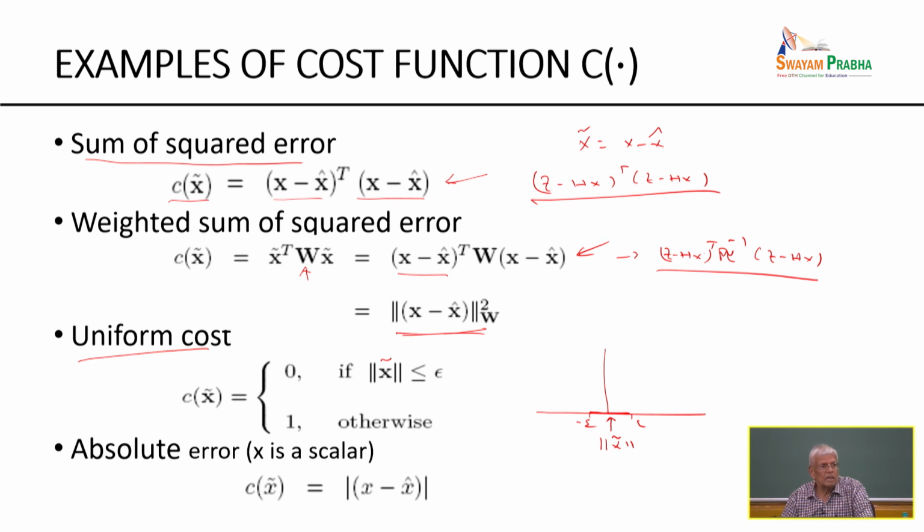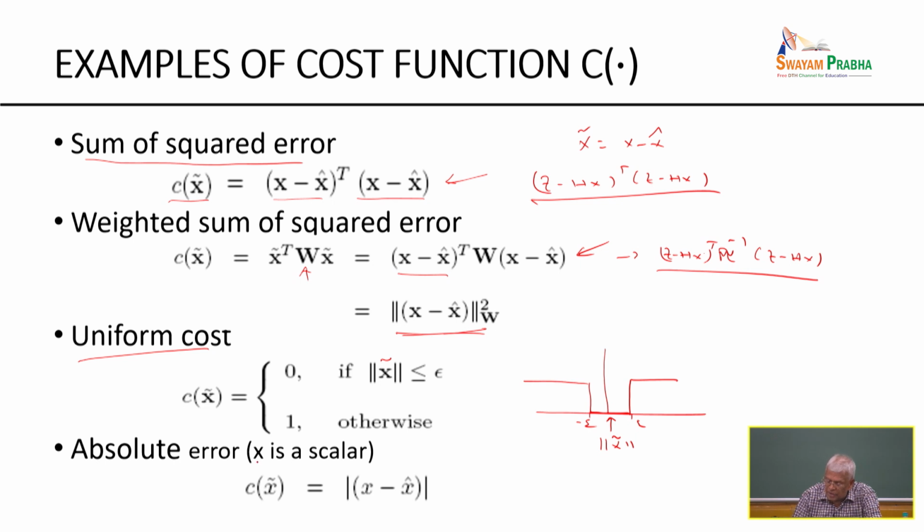With me? Outside of it, the cost is 1. That is called uniform cost. That means if the error is very small, the cost is 0. Otherwise, the cost is constant and equal to 1.